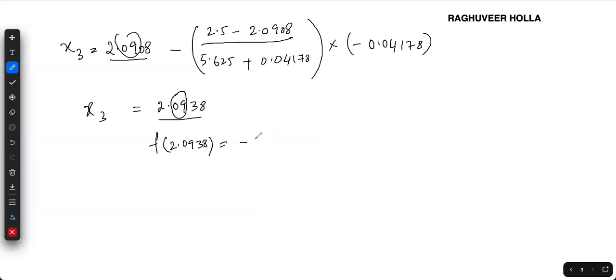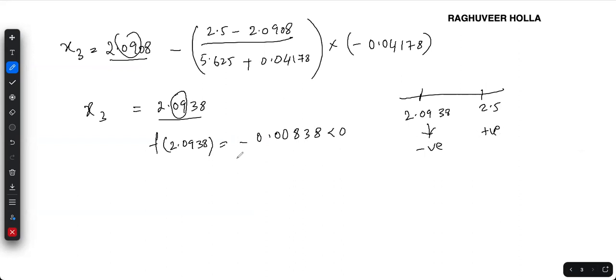So this will be 0.838, less than 0. So as you can see here, again this is negative for 2.0938, and so this is negative, this is positive.